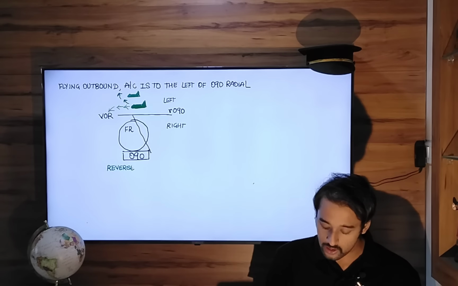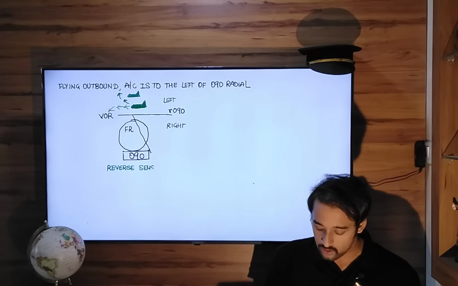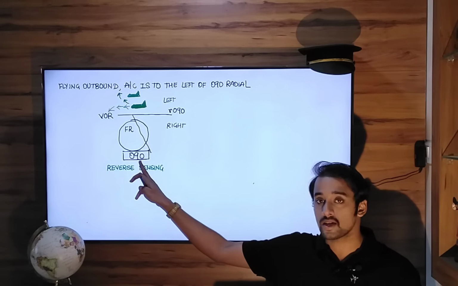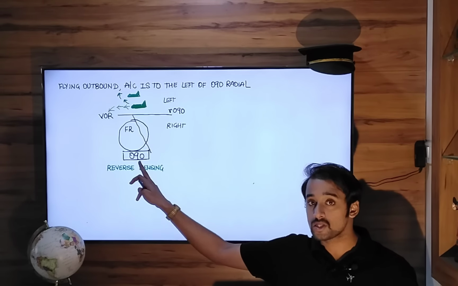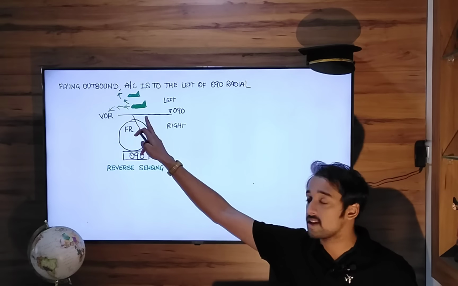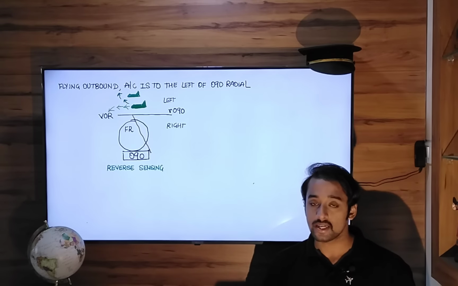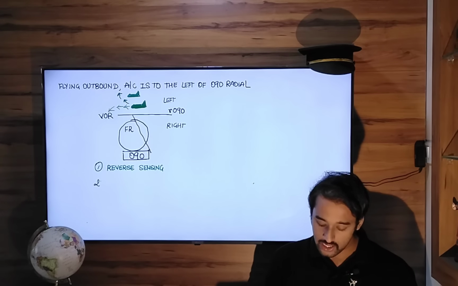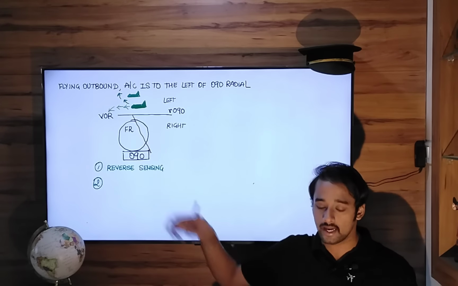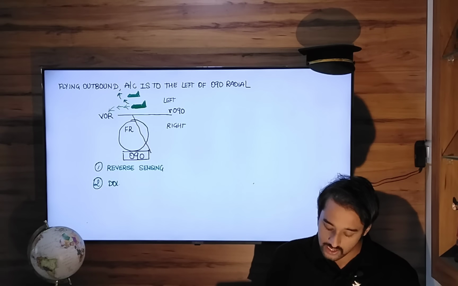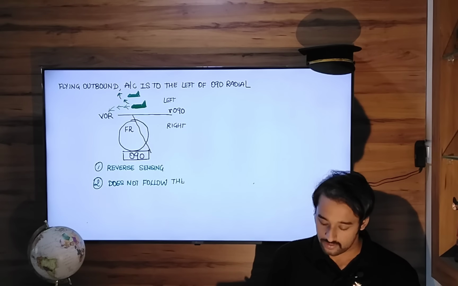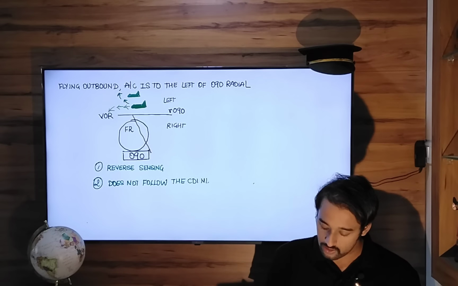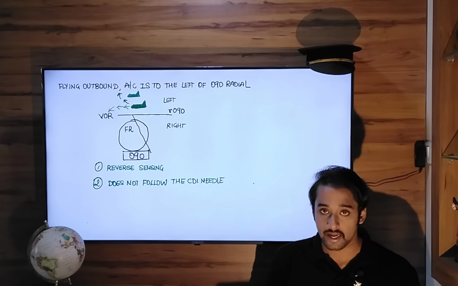So in case you put 090 instead of 270, even if you're flying homebound, you will get reverse sensing. Okay, and therefore in case of reverse sensing, the pilot does not follow the CDI needle.